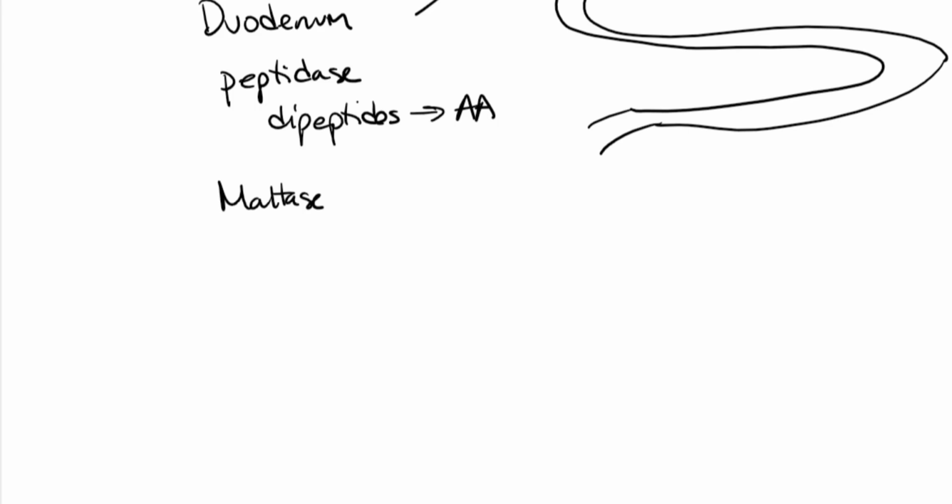Now maltase breaks down a disaccharide into monosaccharides, and it breaks down a disaccharide, which is made up of 2 glucose molecules, into separate monomers of glucose. So disaccharide to monomer, and these are the 2 monomers you get: glucose plus glucose.